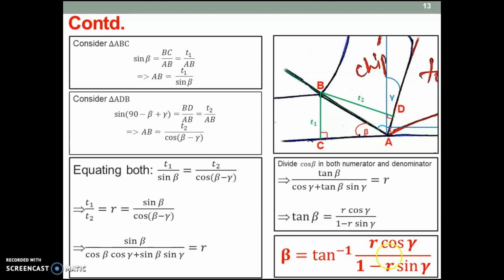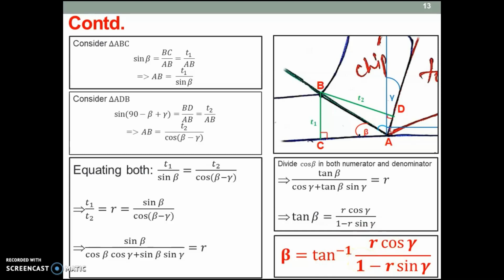And as it is the chip thickness ratio, we can relate it to the cutting velocity, because chip thickness ratio is Vf by Vc. So in that way, the shear plane varies by changing the following factors: your chip thickness ratio, cutting velocity, workpiece material, tool signature. So these are the parameters which will change your shear plane or shear angle.